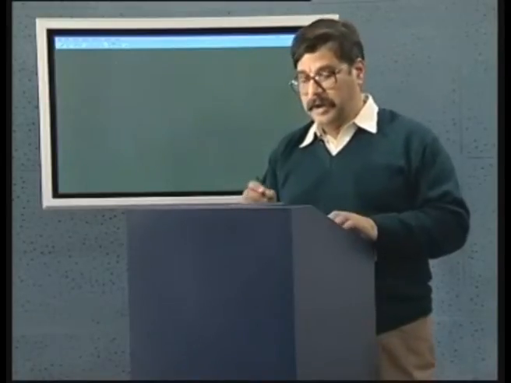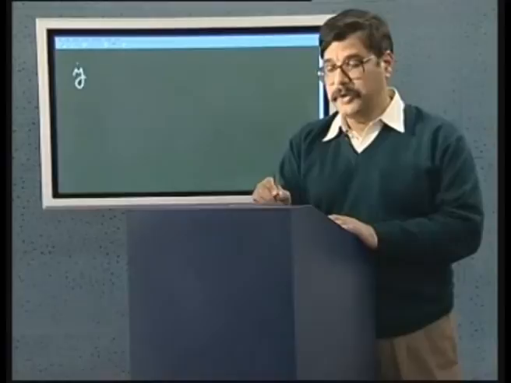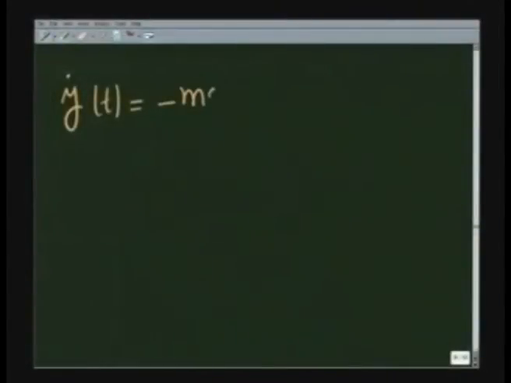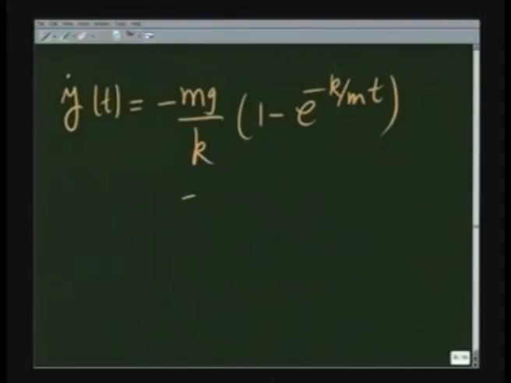Similarly, I have y dot t, which is minus mg over k times 1 minus e raised to minus k over m t, plus v0 sine theta 0 e raised to minus k over m t.